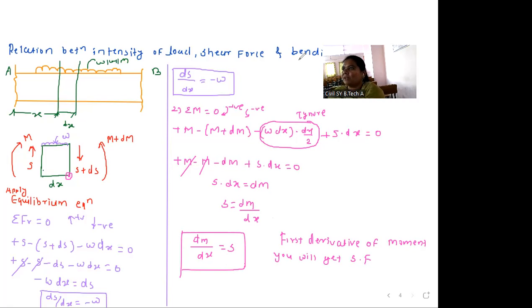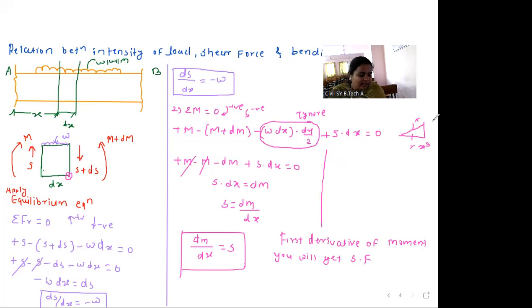So for this I will give one example below. I will write here in this space. Suppose this is a uniformly varying load and this is the xx section. For a uniformly varying load, the bending moment is in terms of x cube.